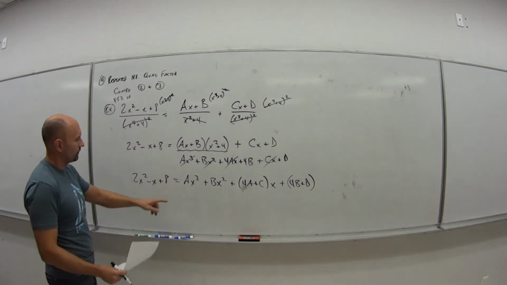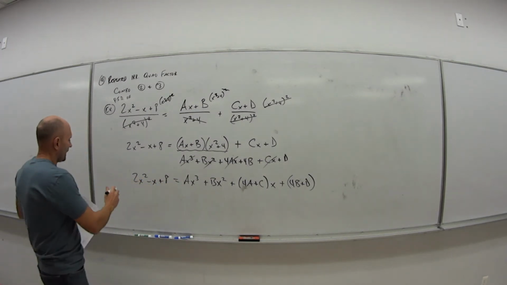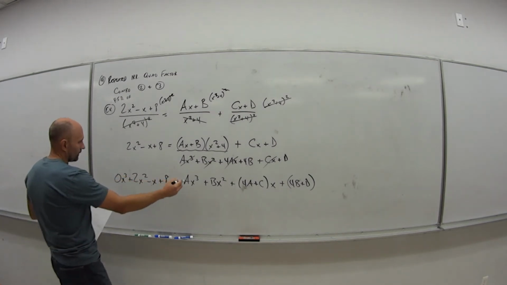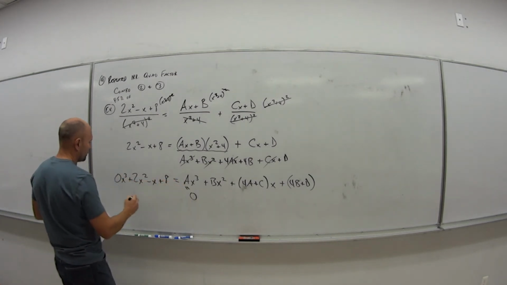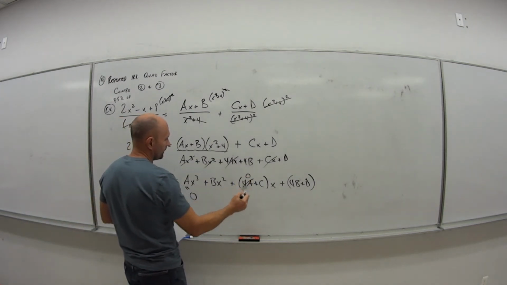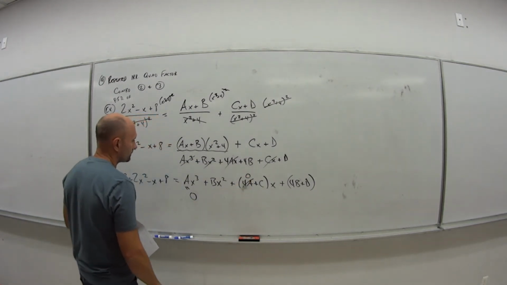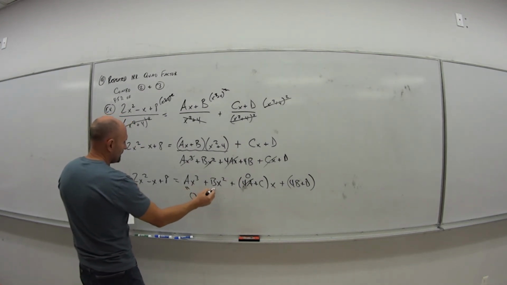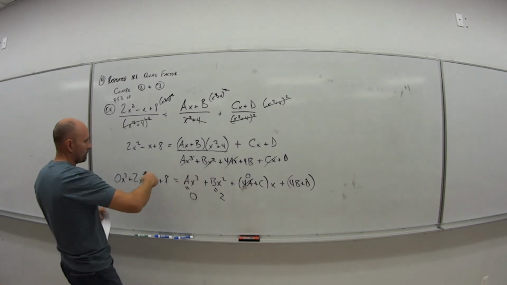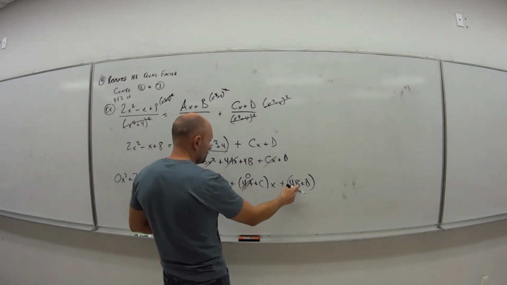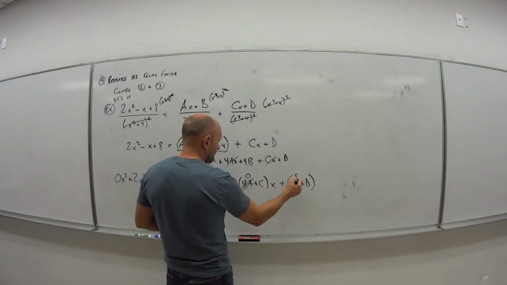So do my comparison, that means what? I have no x to the third term, so that means A has to be 0. So if A is 0, this whole piece is 0. So now what do I have? Bx squared, that means B has to be 2. It's the only way both of these sides can be equal. So if B is 2, that means this guy is 8.